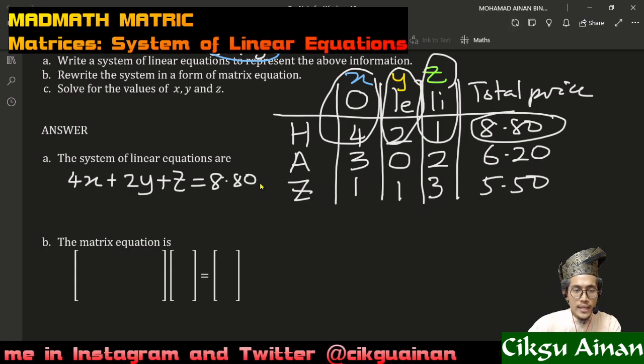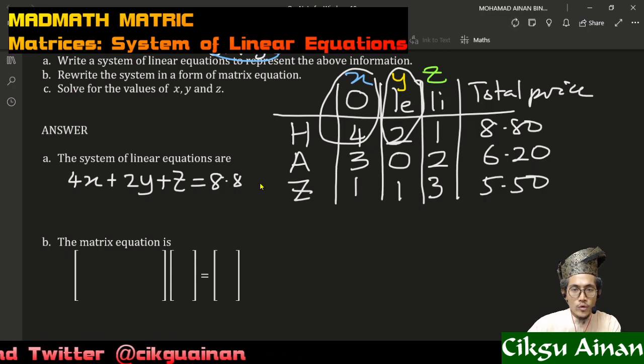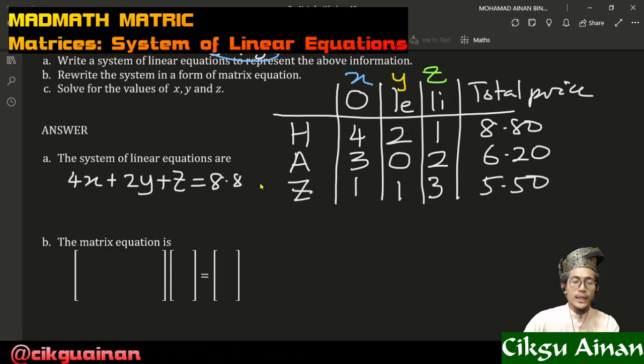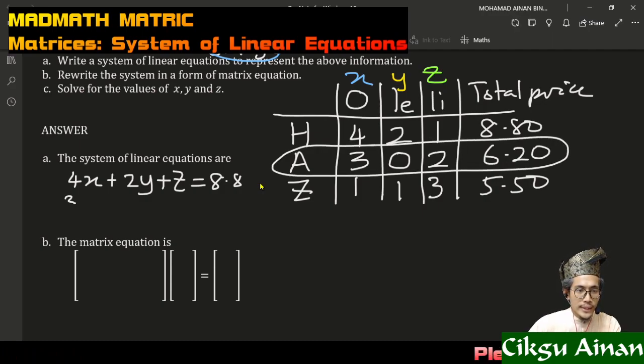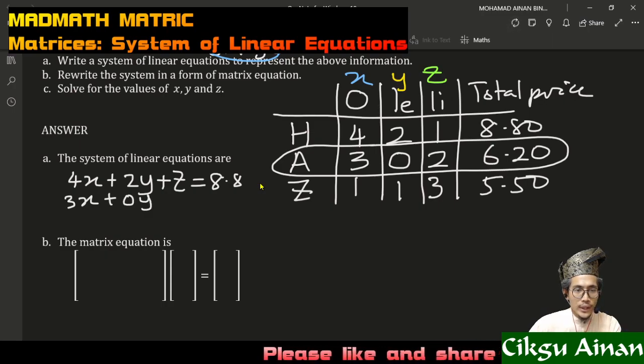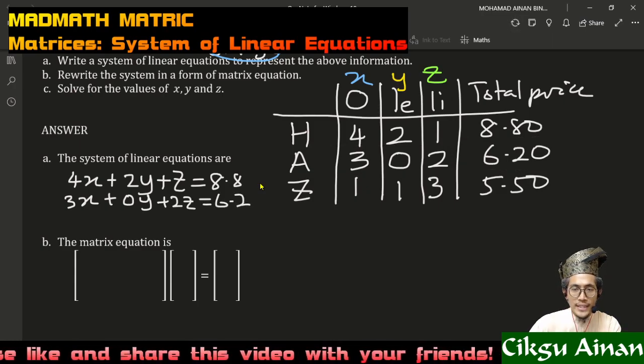Okay, RM8.80. But at this rate, you just omit the 0. Omit the 0 also. Okay. Now, for the next one over here, for the second row, we just follow suit. So 3x plus 0y, plus 2z equals 6.2. See, very easy, just copy paste.